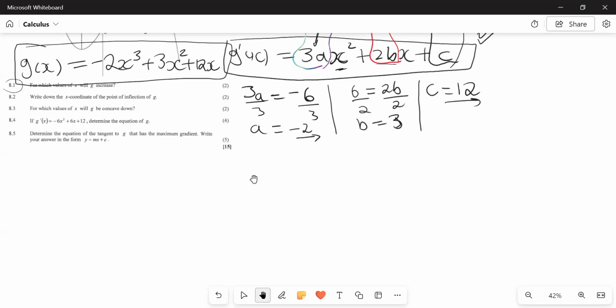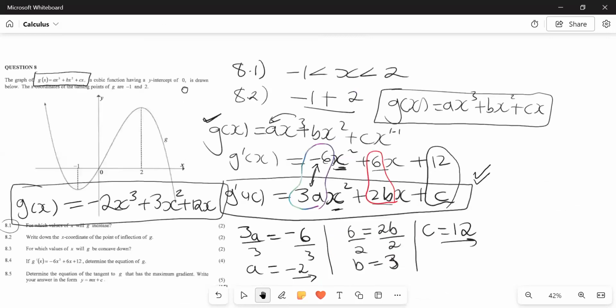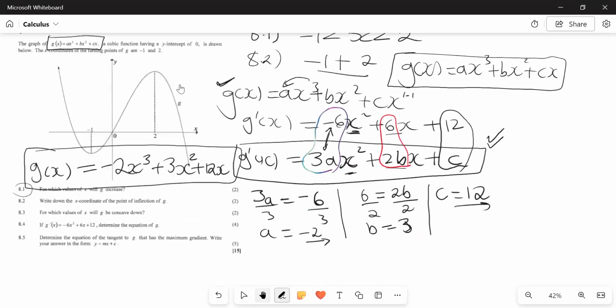Now remember we got our x at the point of inflection, which is 1/2. And we have our equation, which we just found: g of x equals -2x cubed plus 3x squared plus 12.